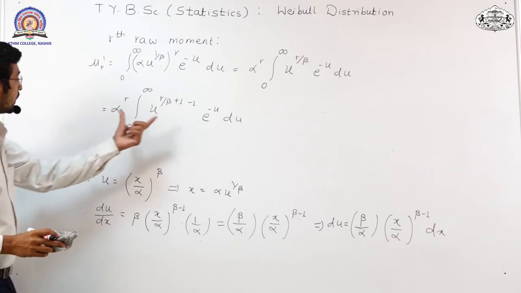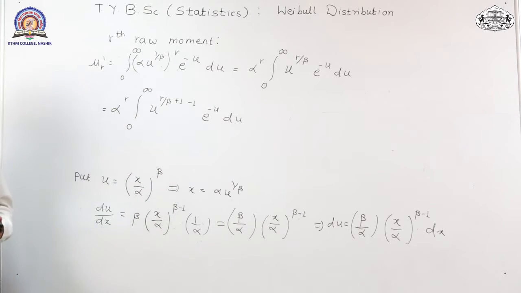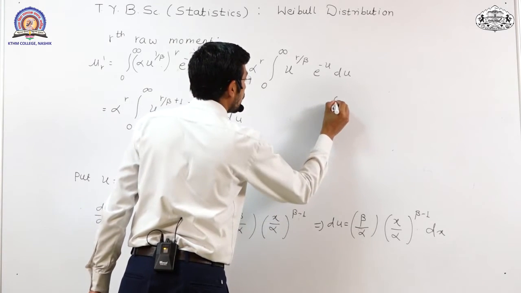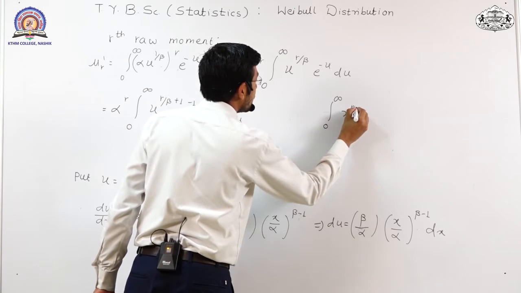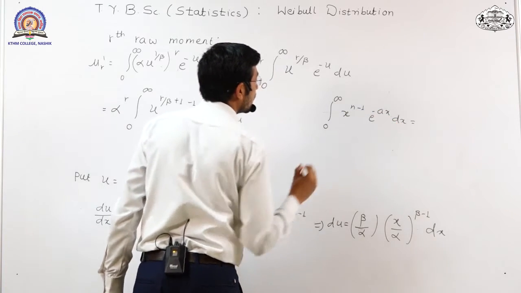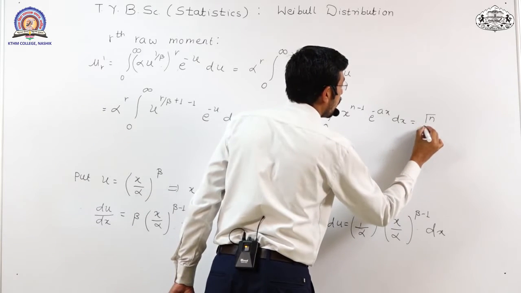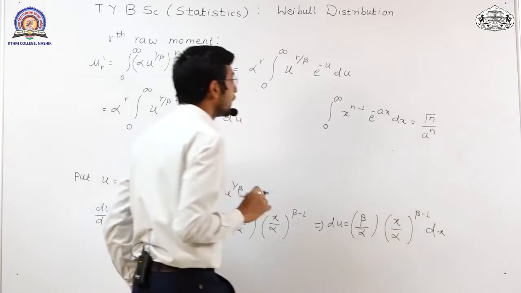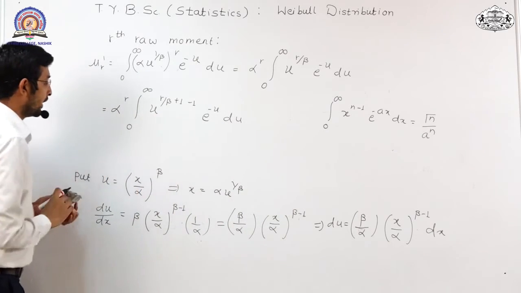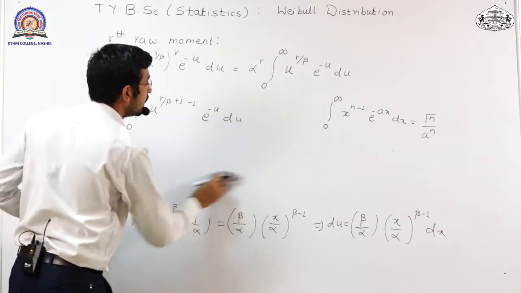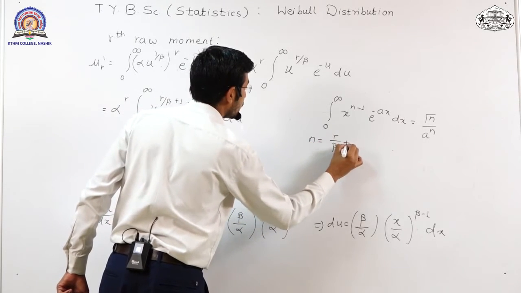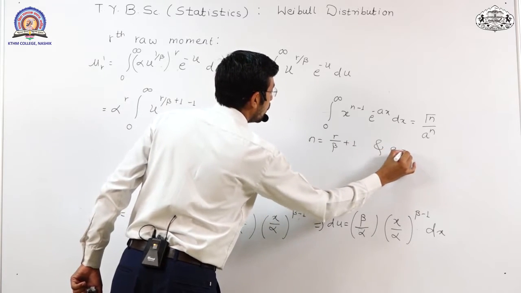Now for solving this integration, we use the gamma function, that is integration 0 to infinity x raised to n minus 1 e raised to minus ax dx is nothing but gamma n upon a raised to n. This is the gamma function formula I have used for solving this integration. Here n is equal to r upon beta plus 1 and a is equal to 1.